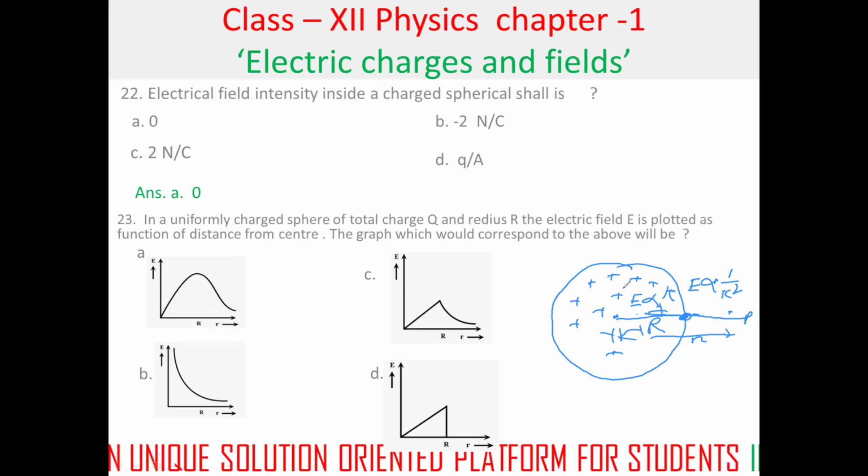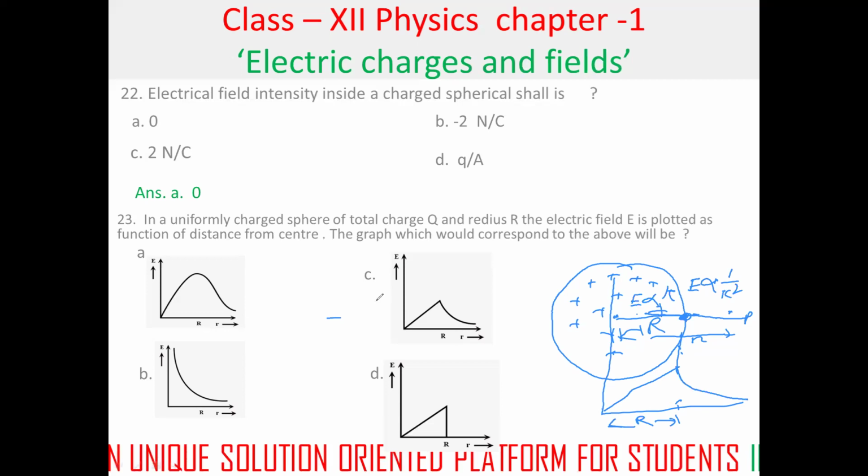Outside it varies inversely as the square of the distance. So the graph would be like this. If I draw a graph here, up to this R it will go straight up, and after that it will decline like this.